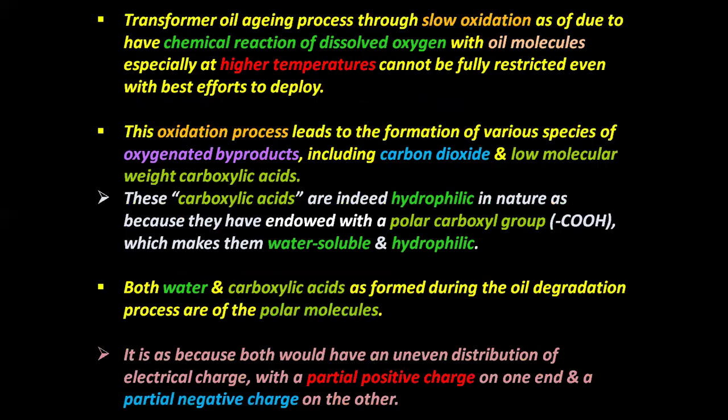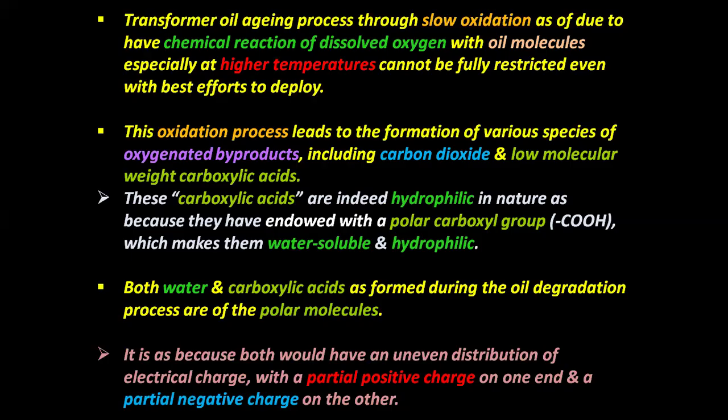The transformer oil aging process through slow oxidation, due to the chemical reaction of dissolved oxygen with oil molecules, especially at higher temperatures, cannot be fully restricted even with the best efforts.